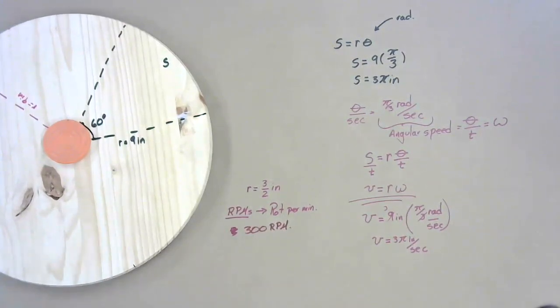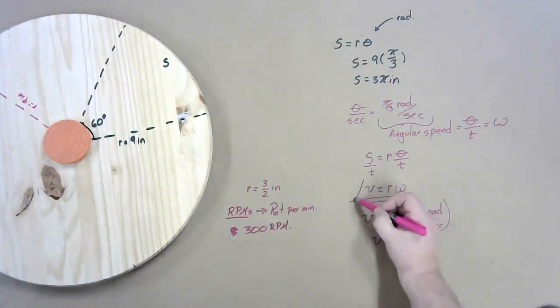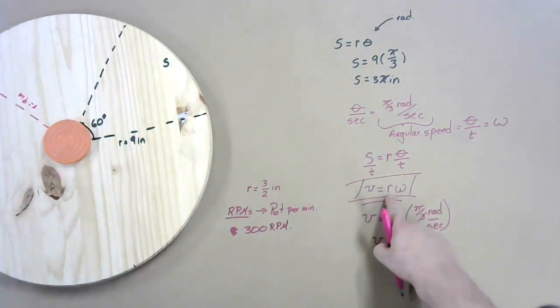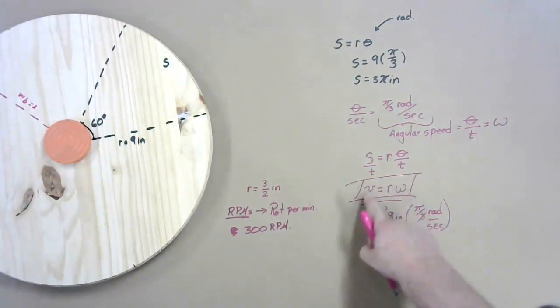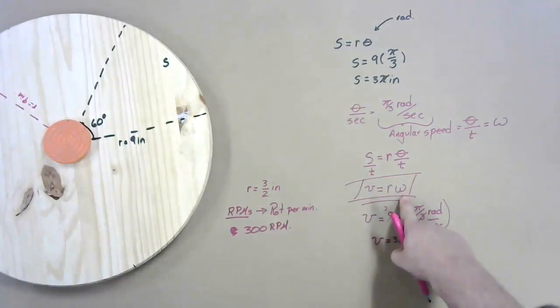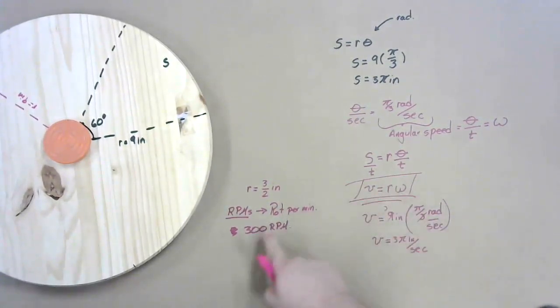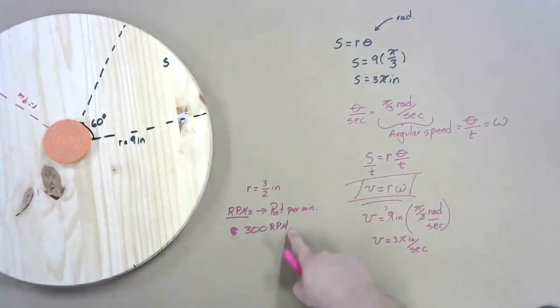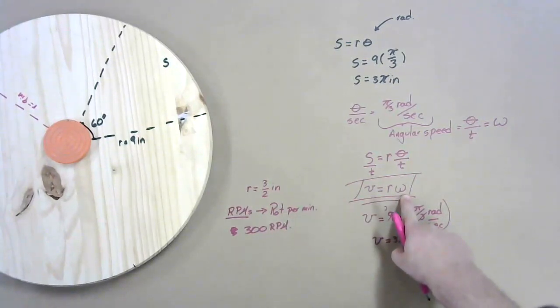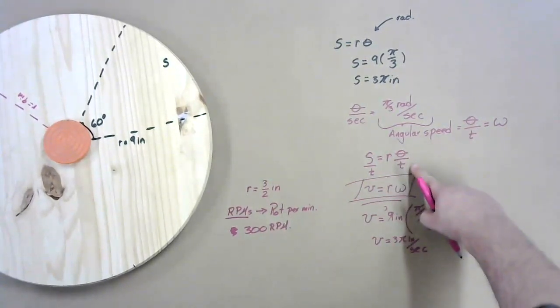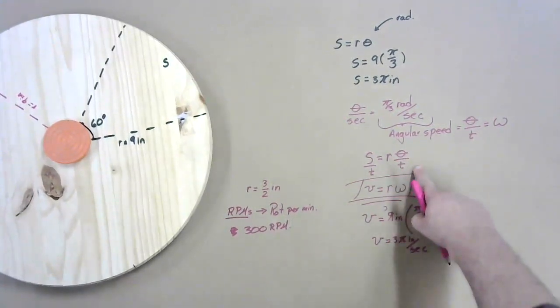So that 300 rotations per minute gives us an idea of how fast this thing is spinning. But to use our formula, our velocity equals r omega, or linear velocity equals r times angular velocity or angular speed, we have to turn this rotations per minute, this RPMs, into radians per time instead of rotations per time.